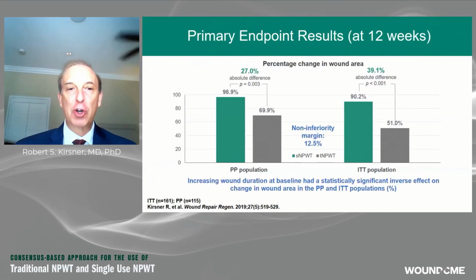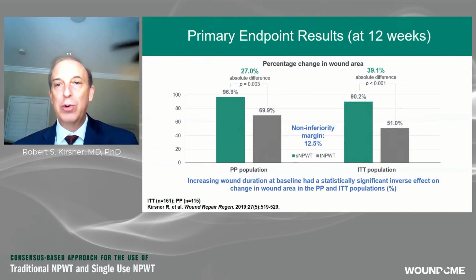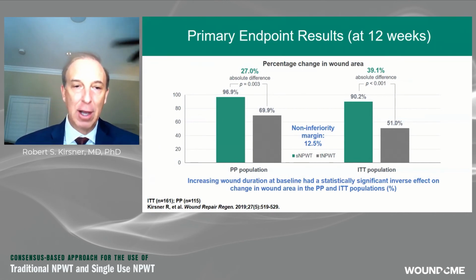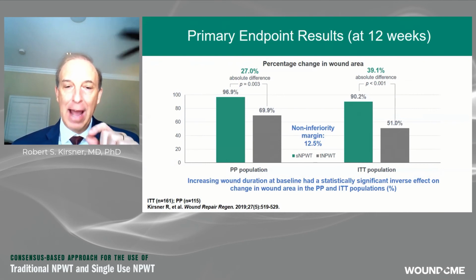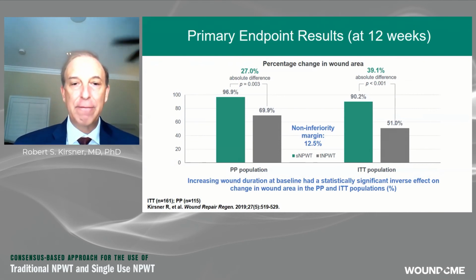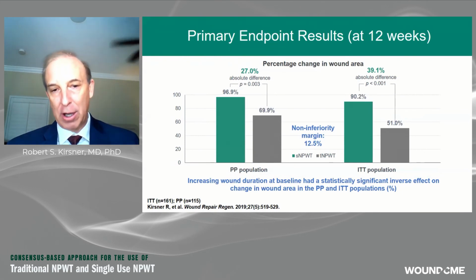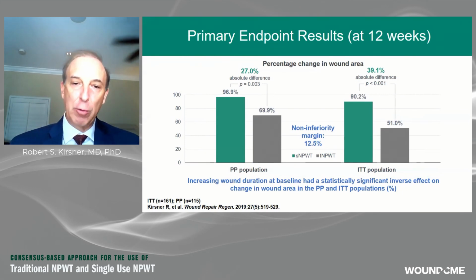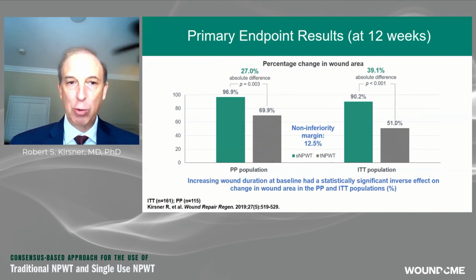So right now I'm going to show you 2 different graphs. This is the primary endpoint, and the primary endpoint of this study was % change in wound area at 12 weeks. On your left is the per protocol population. And what happens is, to determine non-inferiority, we decided before we even started the study that non-inferiority would be anything less than a 12.5% difference between the 2 groups.